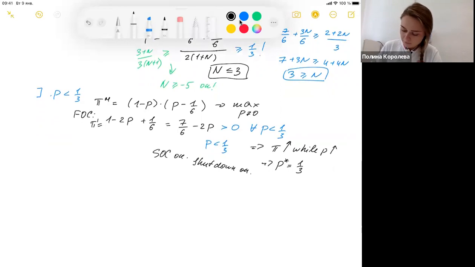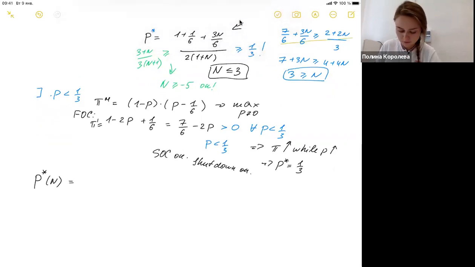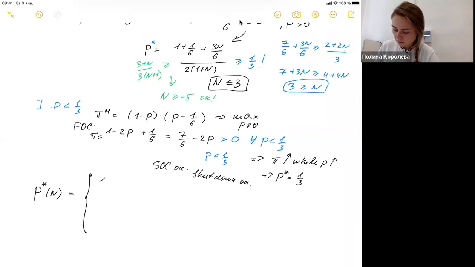Then, now we're ready to write down price of monopolist as a function of number of competitive firms in the market. And this will be (1 plus 1 over 6 plus 3n over 6) over (1 plus n).